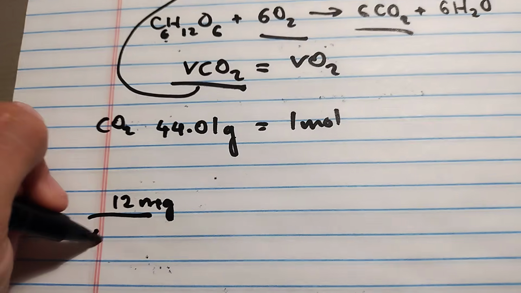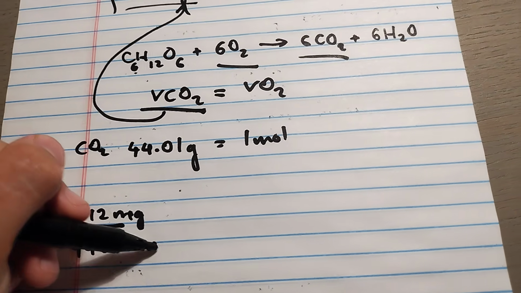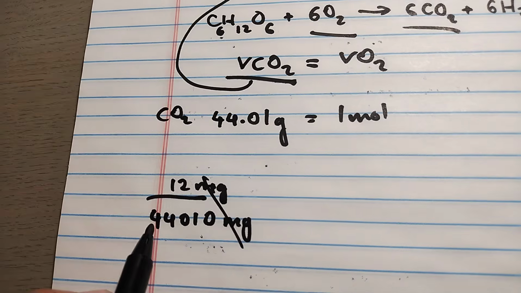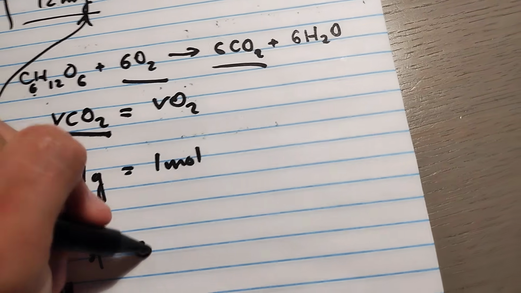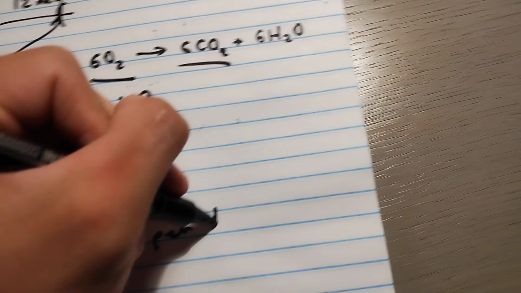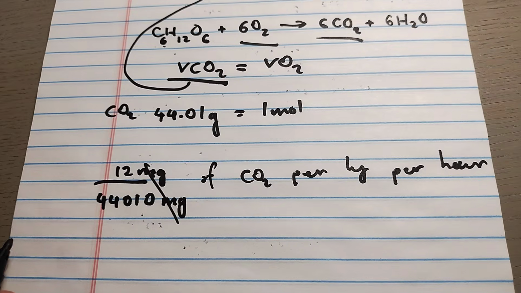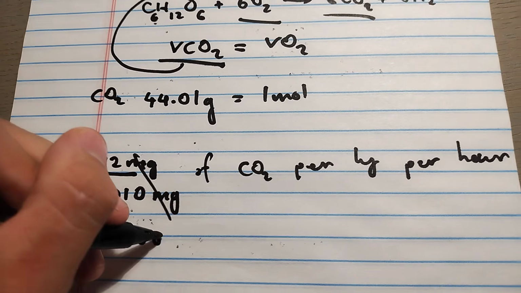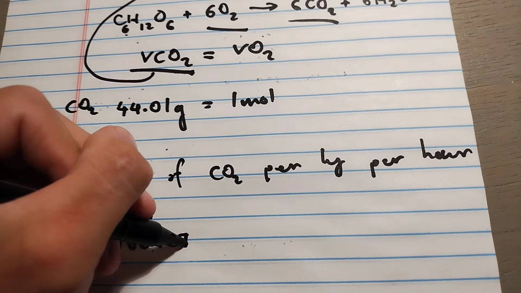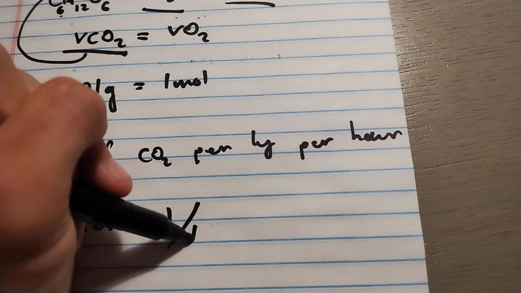Notice that this is g, so we have to convert to 44,010 mg. Cancel. That's the number of moles of CO2 per kg per hour. Alright, this value is approximately 0.002727 moles per kg per hour.